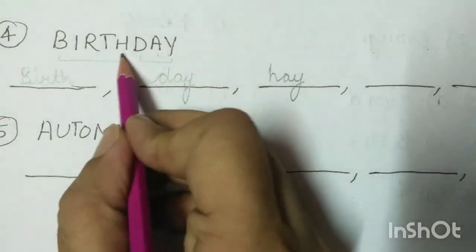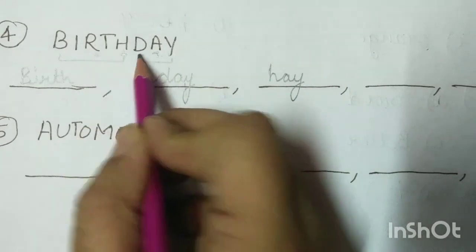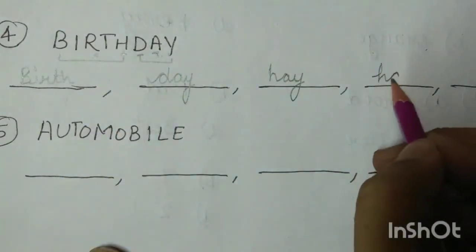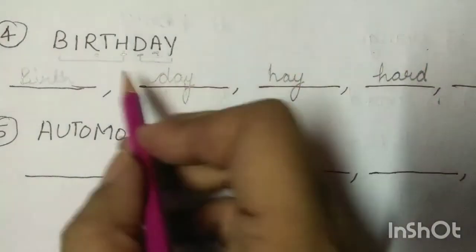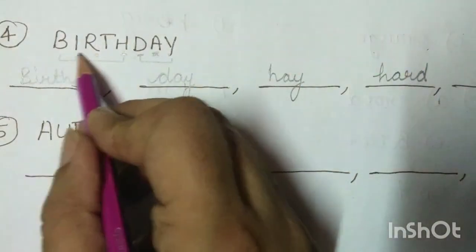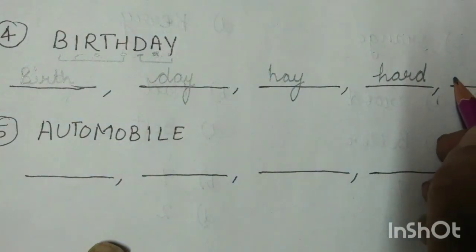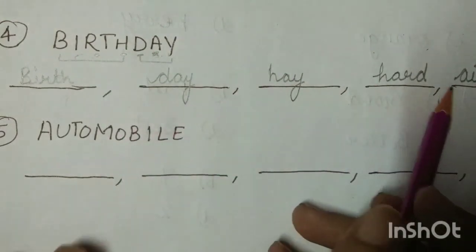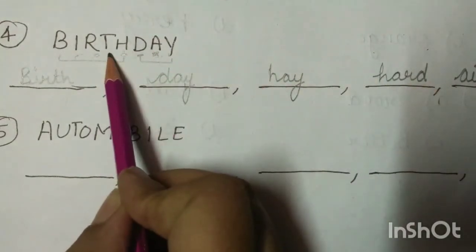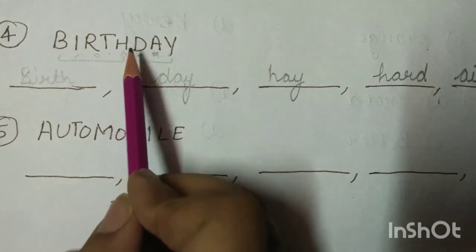Hard, H-A-R-D, hard. And then air, A-I-R. We can find as many words as we can from the given word if we stop and look carefully at the word.